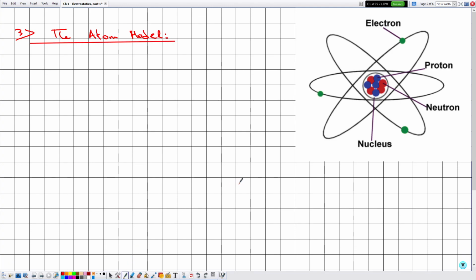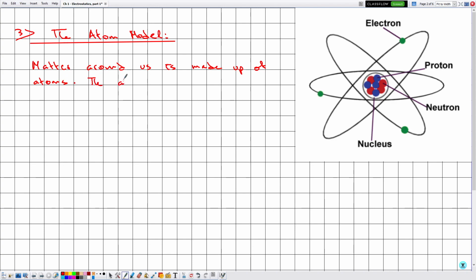Now, in the atom model, we're going to make some assumptions that are true. The matter around us is made up of atoms.